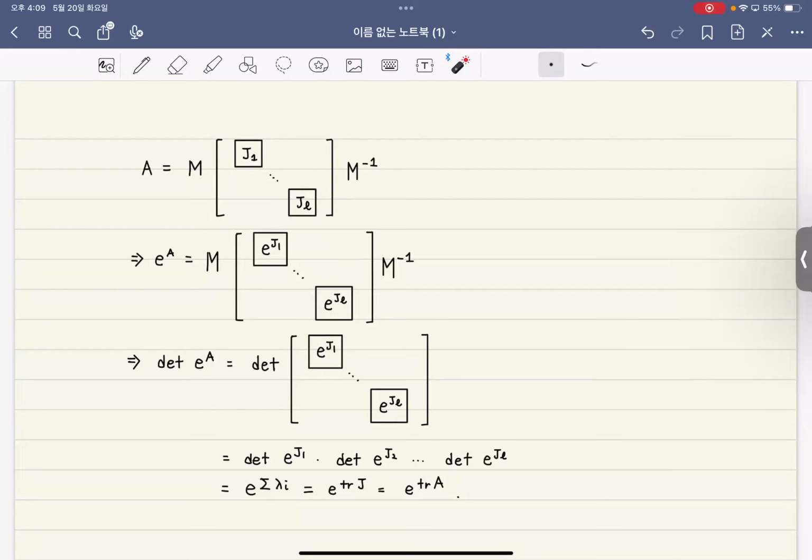And if you take the sum of all these n eigenvalues, then that is going to be the trace of your matrix. And here, I am taking a summation of all the eigenvalues of the middle matrix J. So this is the trace of the matrix J.